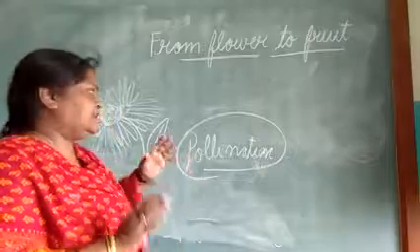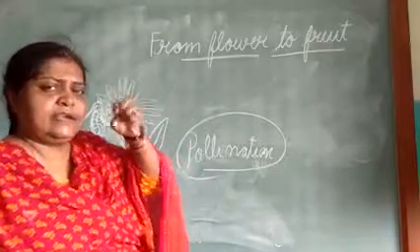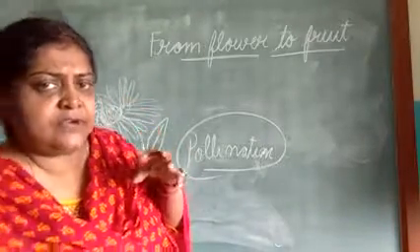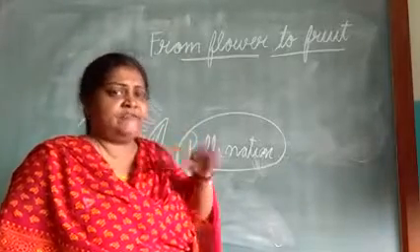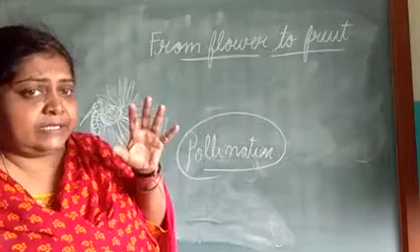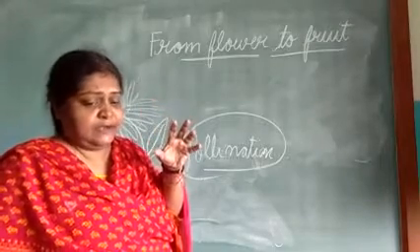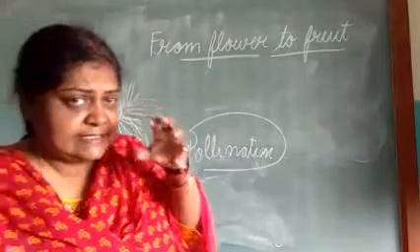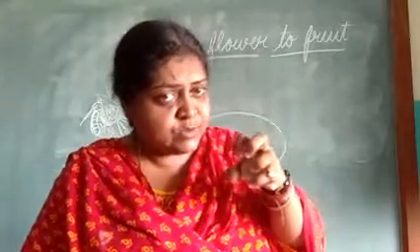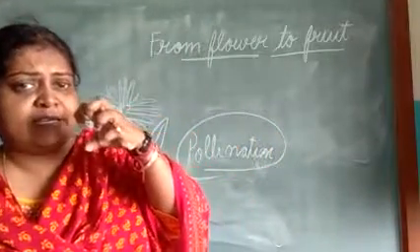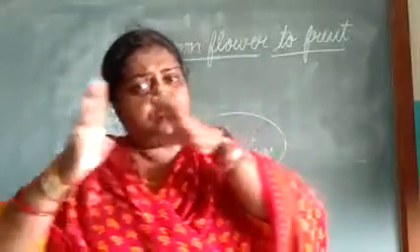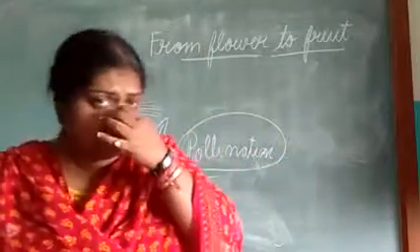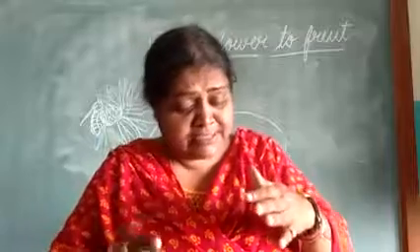The insect sits on that flower collecting sweet juice. After collecting sweet juice, the insect goes away from that flower. But when they sit, they collect the sweet juice and some pollen grains stick on their body, and they carry that and fly away, and they sit on another flower of the same kind.